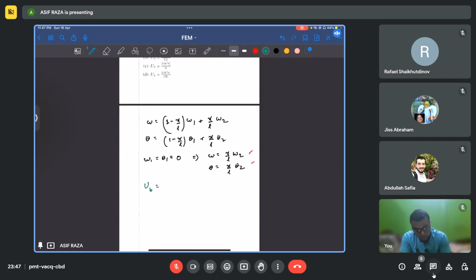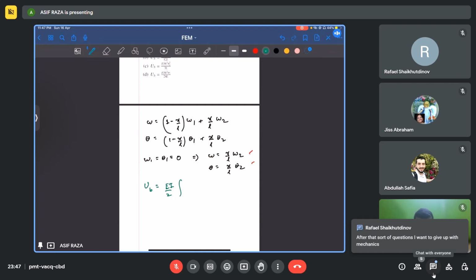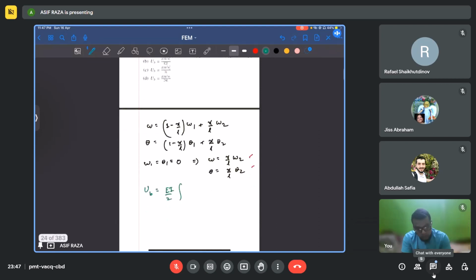So UB is equal to EI by 2, integrated throughout the domain 0 to L, of (d theta by dx) whole square dx.